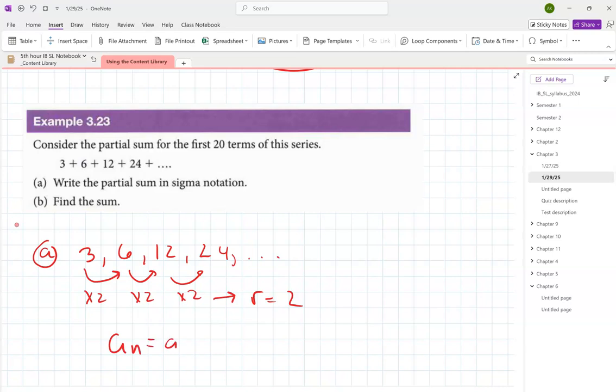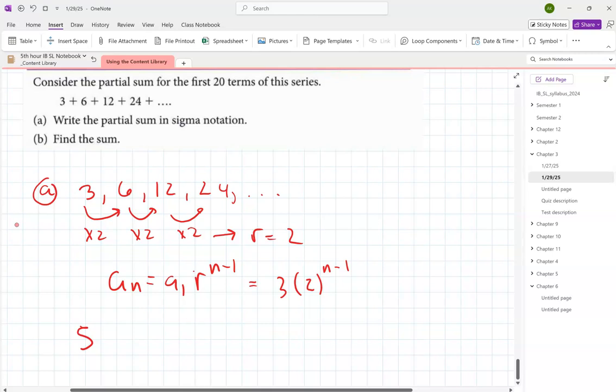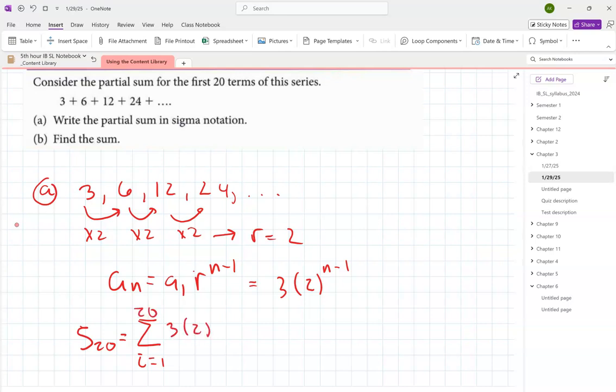And I know the geometric formula is a sub 1 times r to the n minus 1. So that's going to be 3 times 2 to the n minus 1. So the partial sum for the first 20 is going to be the sum from 1 to 20 of 3 times 2 to the i minus 1.